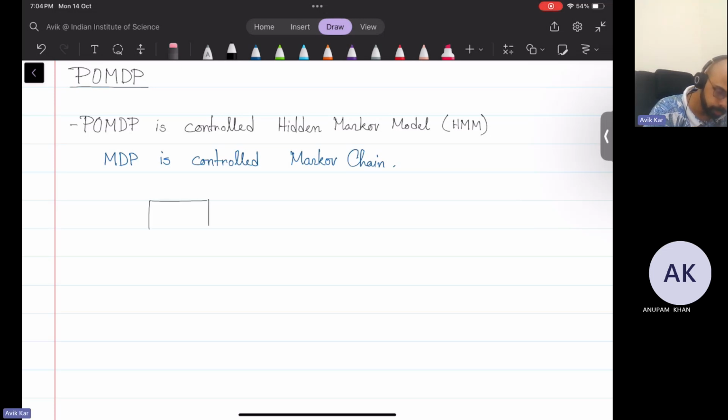So this you can think of as a block diagram of partially observable Markov decision process. So there is an underlying Markov chain, or you can say that this is an MDP rather.